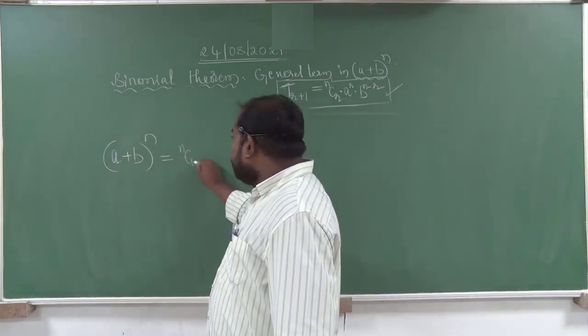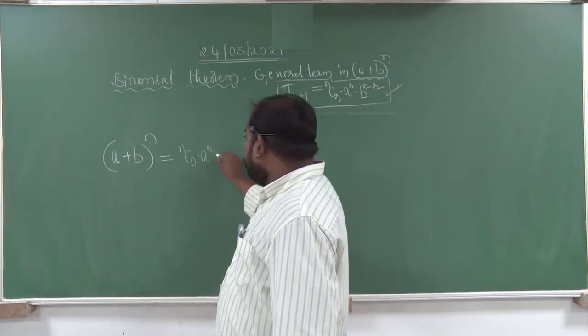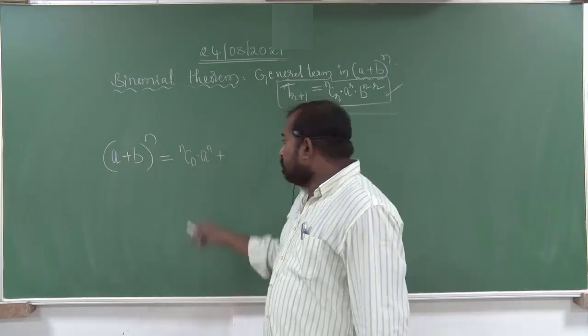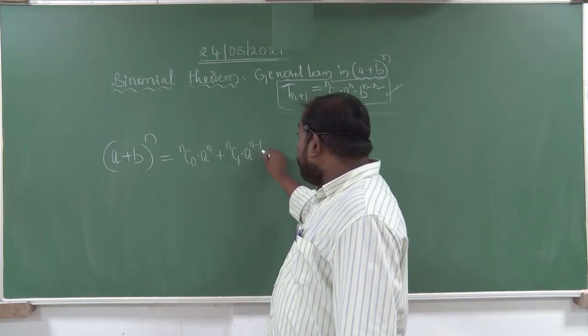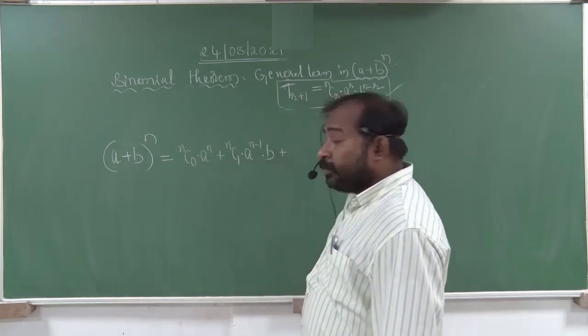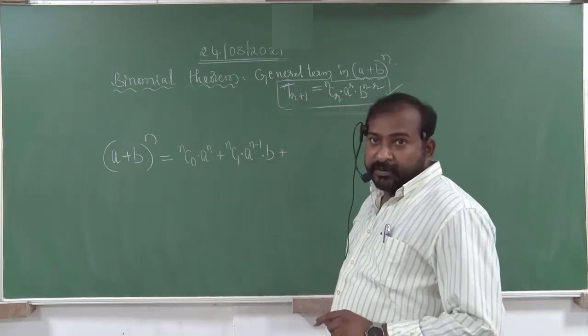First value: nC0 a^n, as in many examples we gave in the last class, plus nC1 a^(n-1) b. Got it? The a value is reduced by 1.